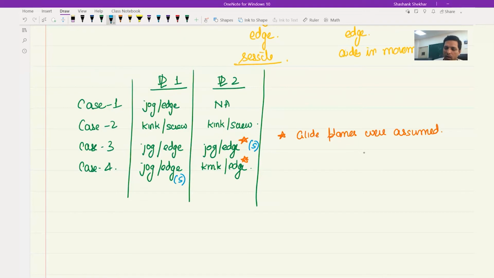All the others where I have not written S, S means sessile, meaning it does not aid in movement of the original dislocation. So all other steps do aid in movement of dislocation.